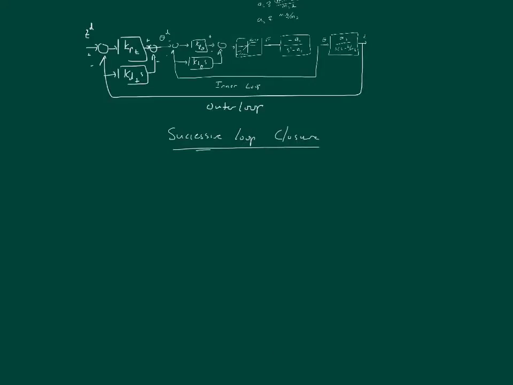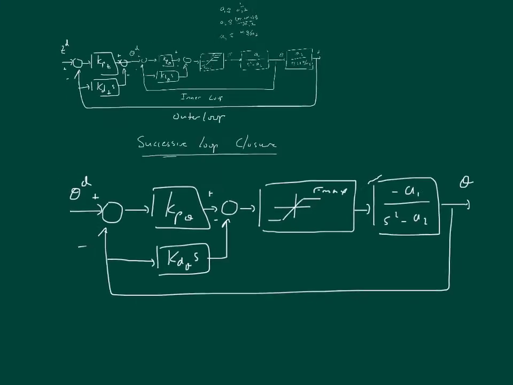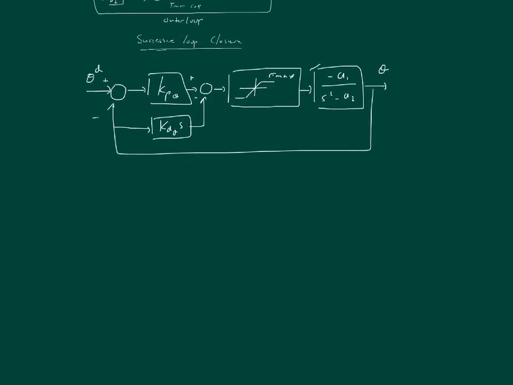Okay, so the idea is to first work on the inner loop, and let me redraw just the inner loop. So this is theta desired. Our objective now is to systematically choose the gains Kp theta and Kd theta to maximize the performance of the system given the constraints.